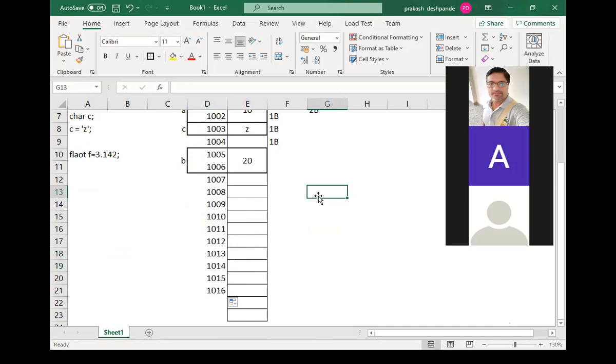Is it going to take 3 bytes from here and 1 from there? Will it allocate 1004 one byte and then 3 bytes elsewhere? It cannot, because float requires 4 bytes of memory and these should be consecutive memory blocks. So from here, it will allocate the next 4 bytes, that is 1007 to 1010. It will just allocate all these memory blocks. Following?